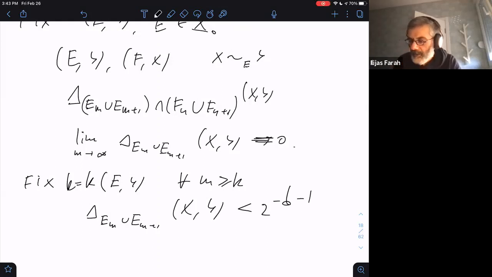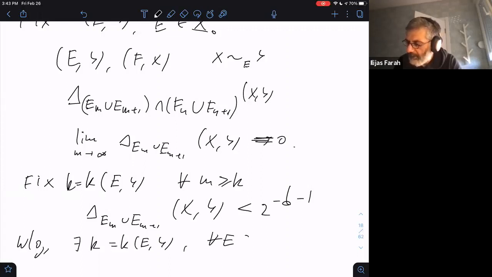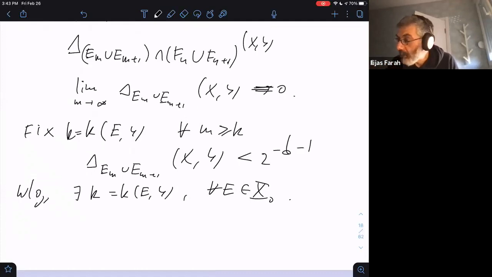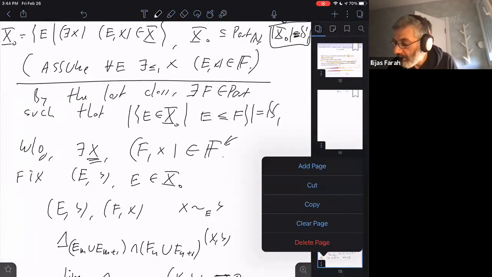Now without loss of generality, there is K which is equal for all E in X0. Because this is an uncountable set, by the pigeonhole principle there is a single K which works for all of them.